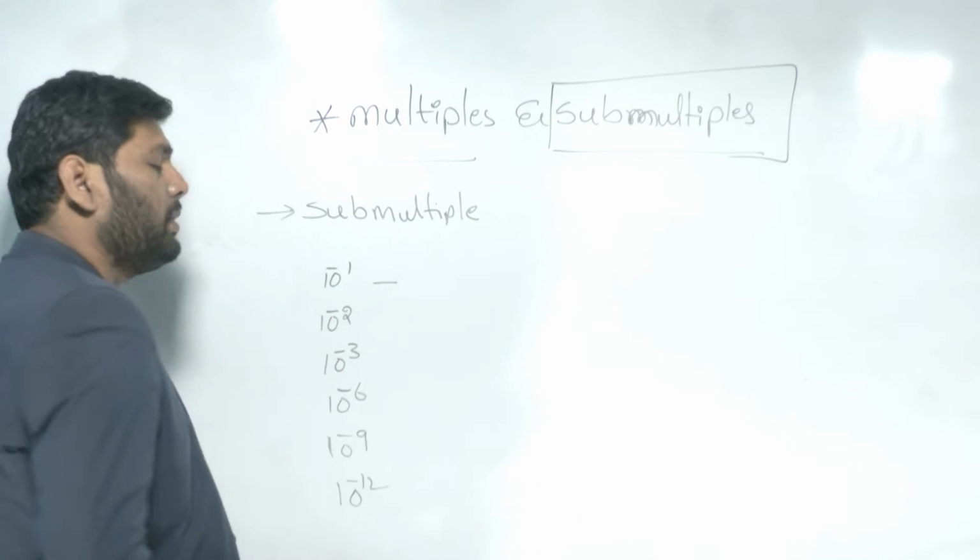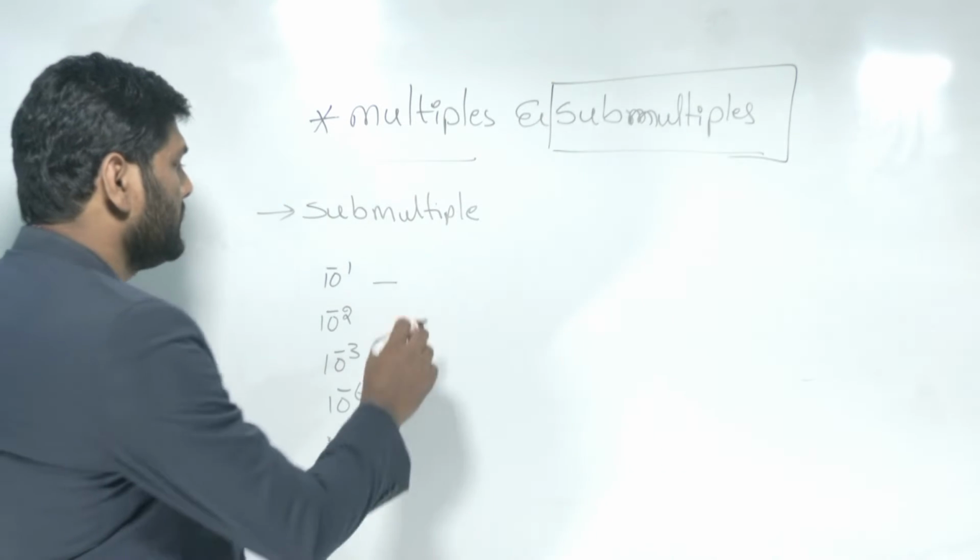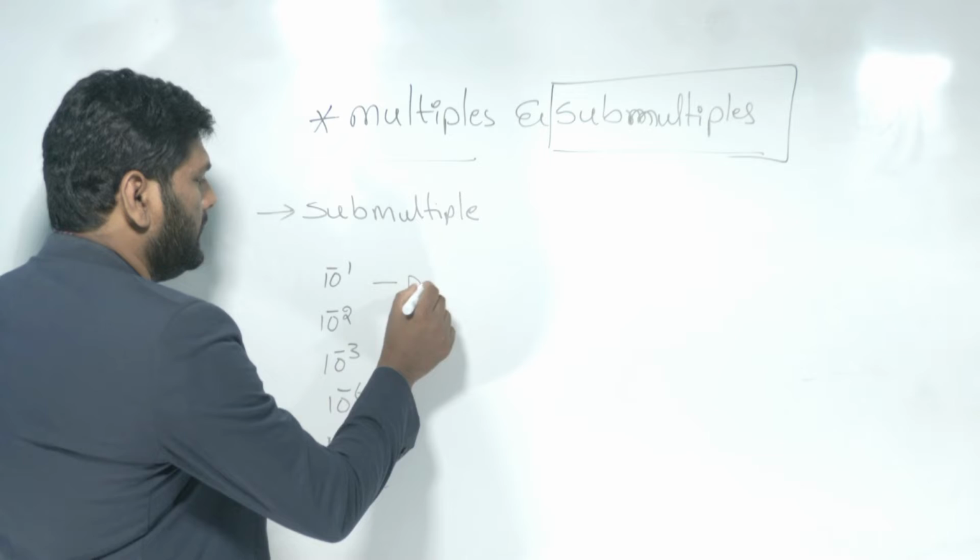But what are the names of these? The name of 10 power minus 1 is deci.